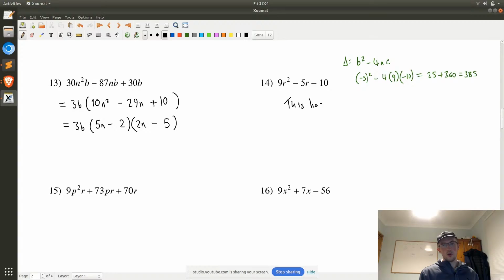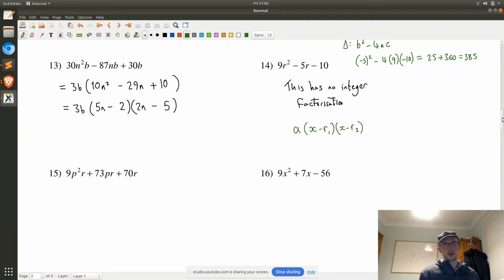This has no integer factorization. It will have a general factorization like this. And in this case, because the discriminant is positive, it'll be one of those surd expressions, but you can't find an integer factorization.